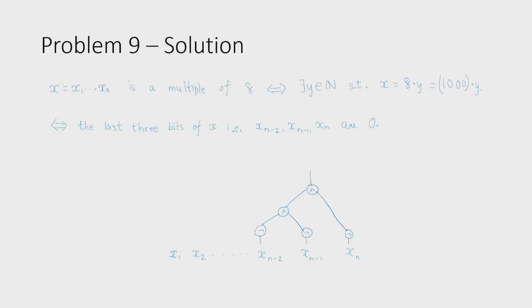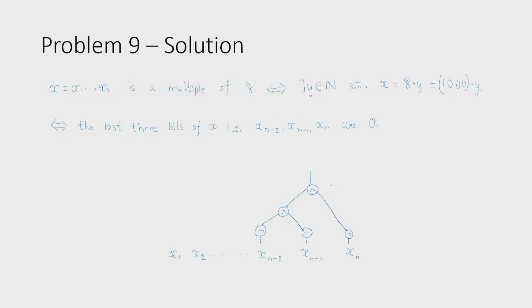Now when would the circuit output 1? This circuit would output 1 if and only if the outputs of all of these 3 gates are 1, and that happens if and only if xn minus 2, xn minus 1 and xn are 0. But in that case we saw that x is divisible by 8.